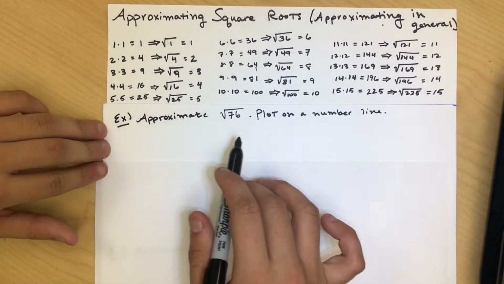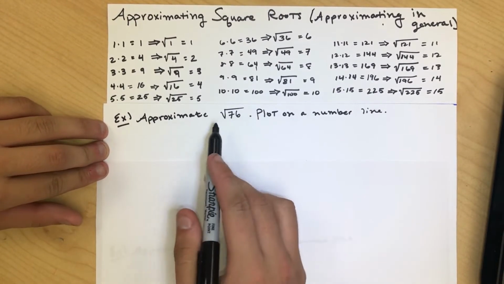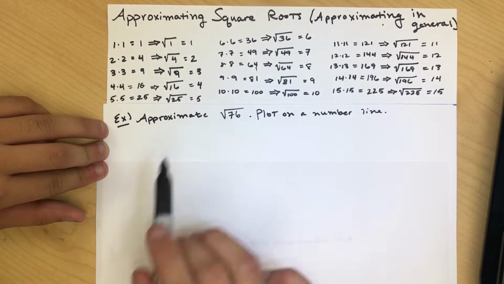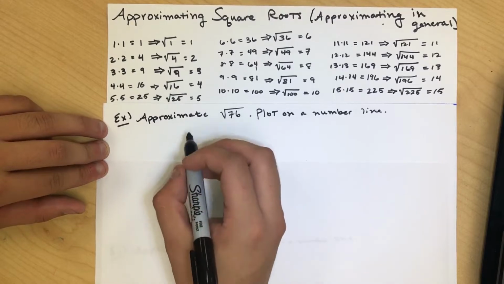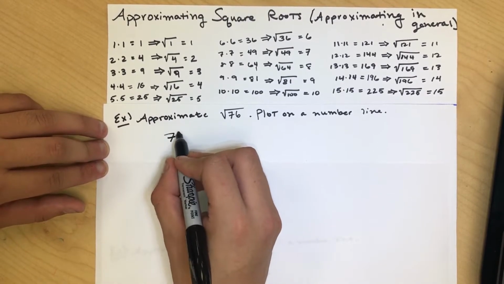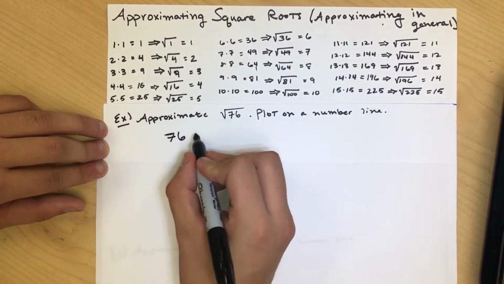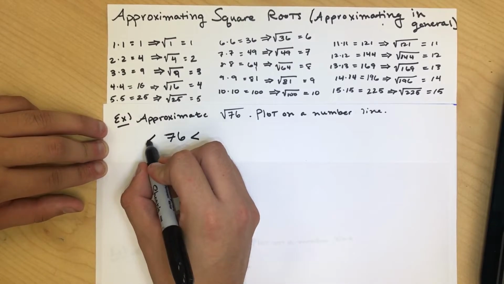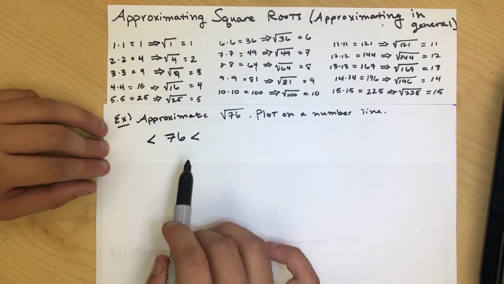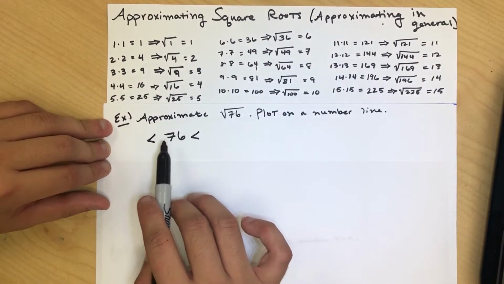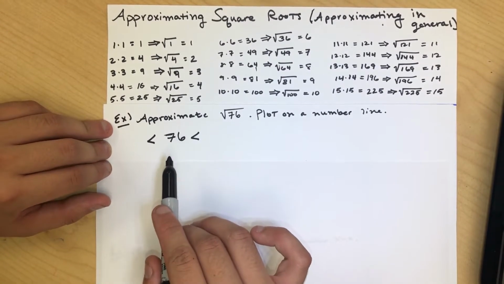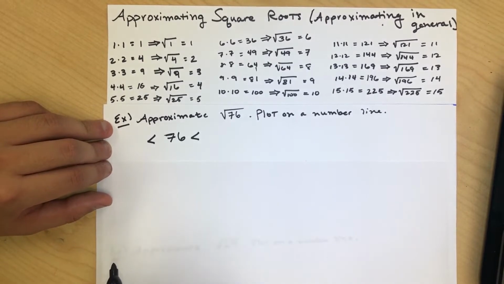So the first step, same as before, it says approximate the square root of 76. The first thing I like to do is write down the 76. Then I put my less than sign and my greater than sign. Now we look for 76 and the next perfect square that's larger than 76.